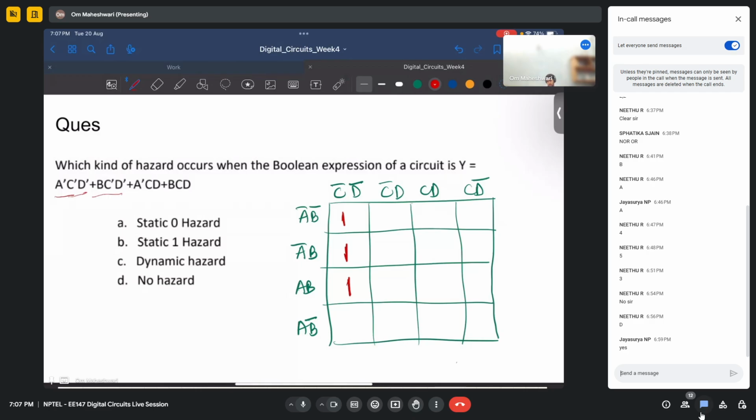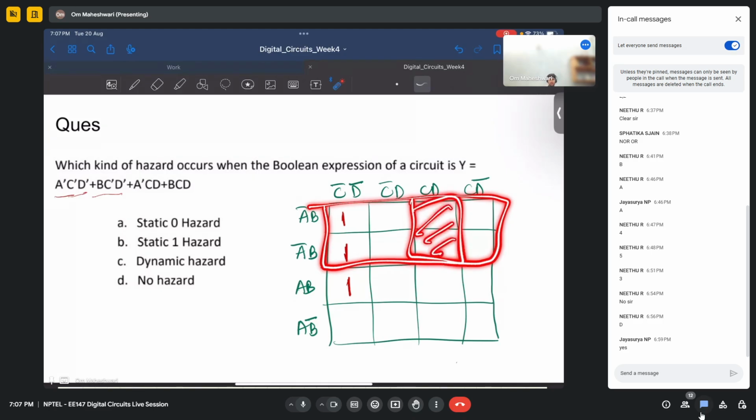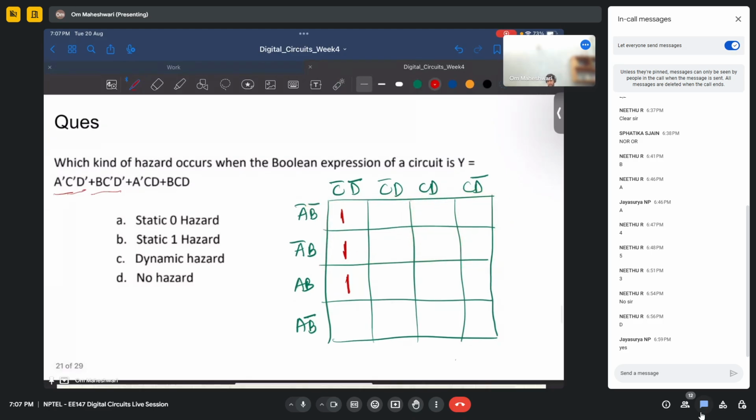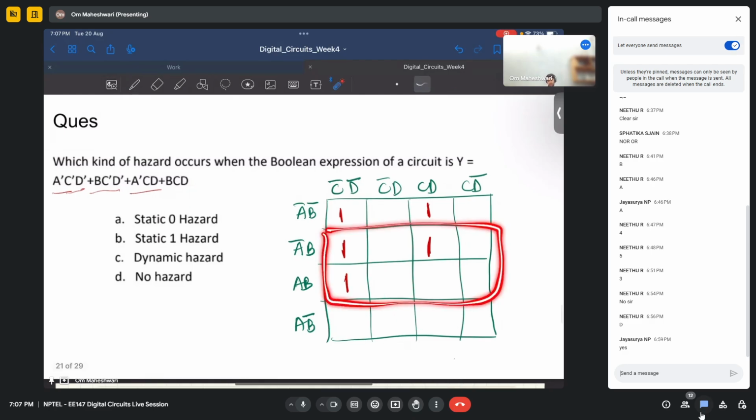Then you have A bar, C, D. This is A bar, this is CD. Now we have B, C, D. This is B, this is CD. So we have one here.